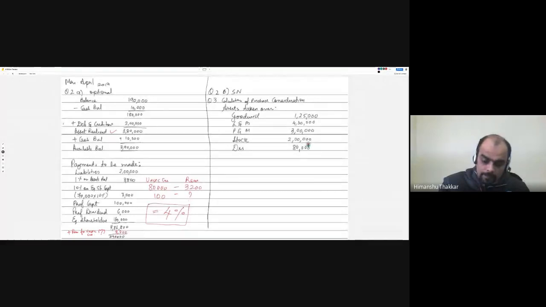Then comes bills receivable, 65,000. Then comes cash, bank, 50,000. So the total of the payments that you're making is 12 lakh 50,000.